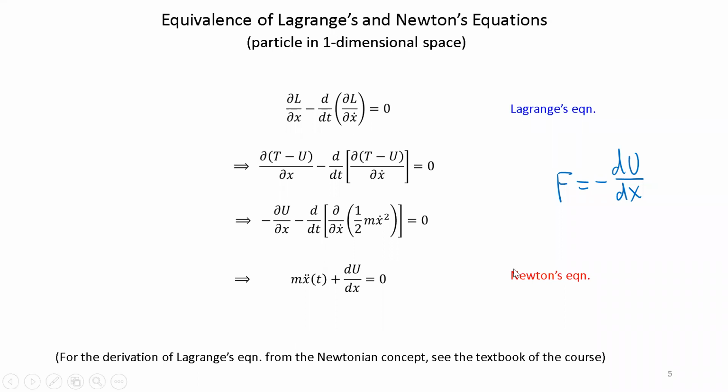Of course, here I just go from one way to another: from the Lagrange equation I arrive at Newton's equation. You can actually do the other way around, deriving the Lagrange equation from Newtonian mechanics, for which you can just go ahead and see the textbook.